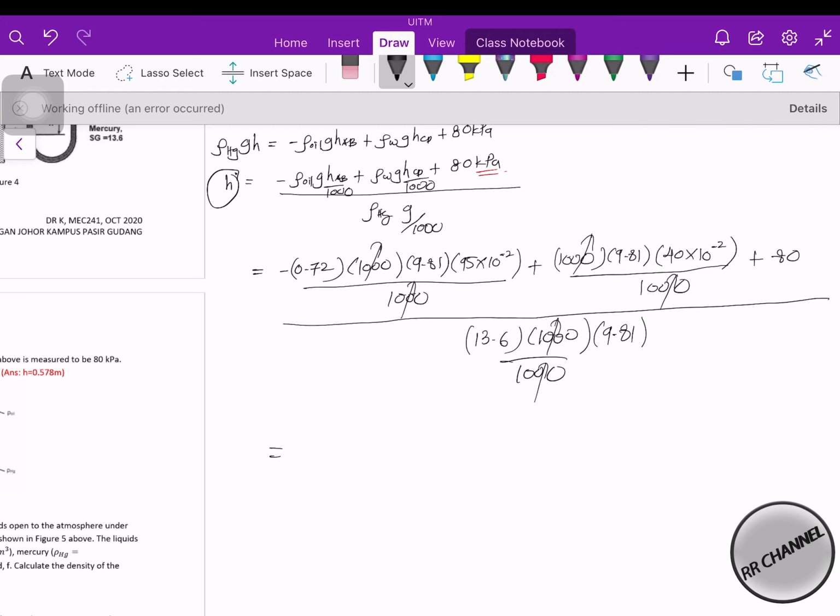This is equal to negative 6.7100, plus 3.924, plus 80, divided by 13.6 times 9.81, which is 133.42.